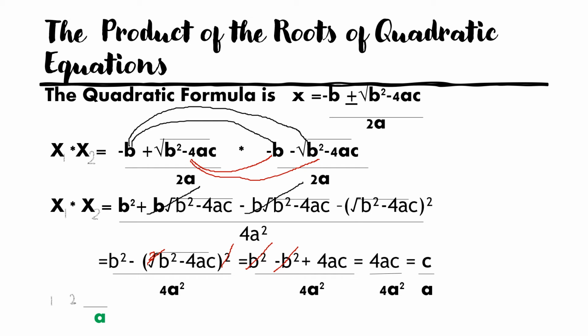What we have now is 4ac all over 4a squared. Again, we can cancel the 4, that is 1. And we have a squared here, which means a times a, so we can eliminate the other a. What is left now is a. That's why we have c over a.